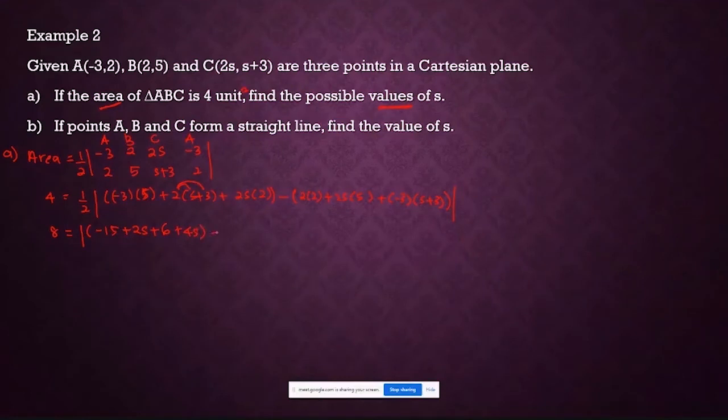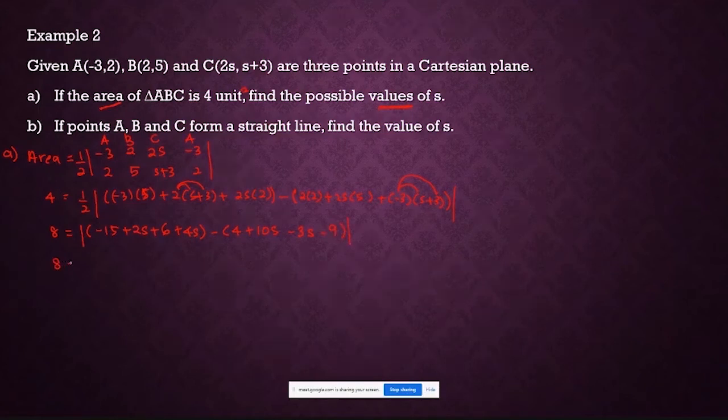Then the second part: 4 plus 10s, minus (-3 times s), which is -3s minus 9.